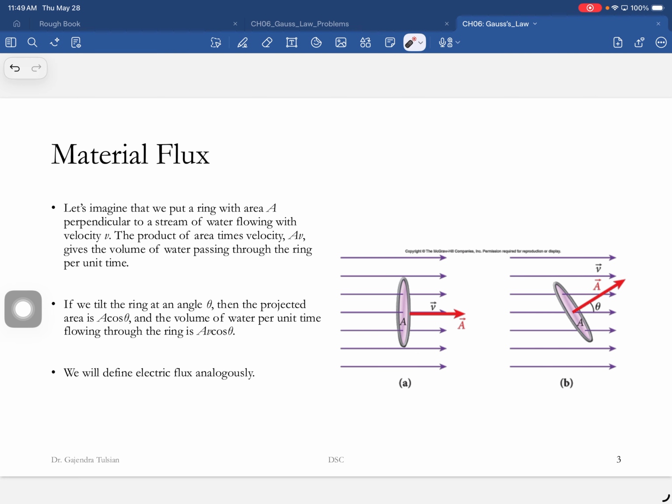For this face, the area vector is pointing in this direction and the electric field is pointing in that direction. E dot area is E times area times cosine theta. Theta is 180 degrees, which gives minus E times area, which is this term.